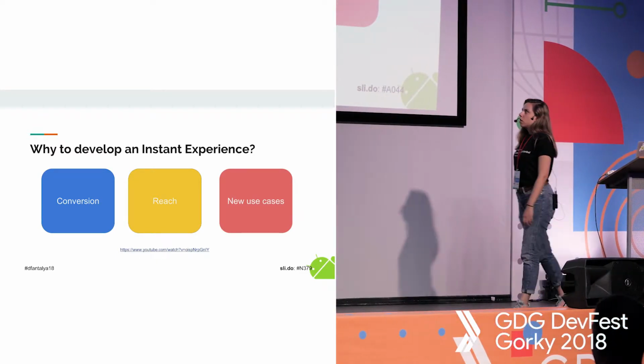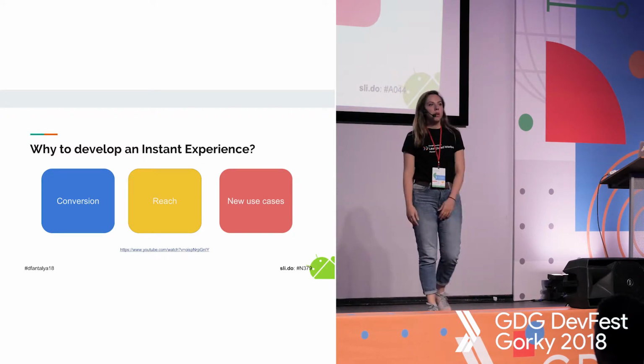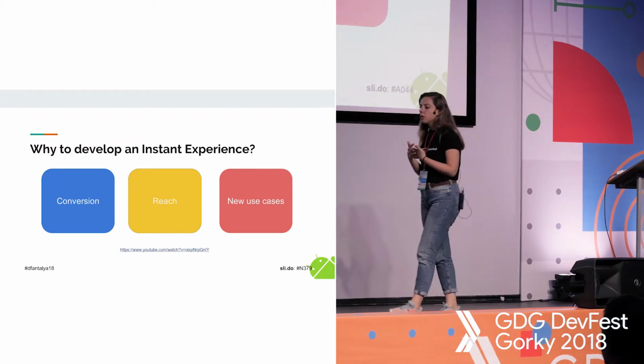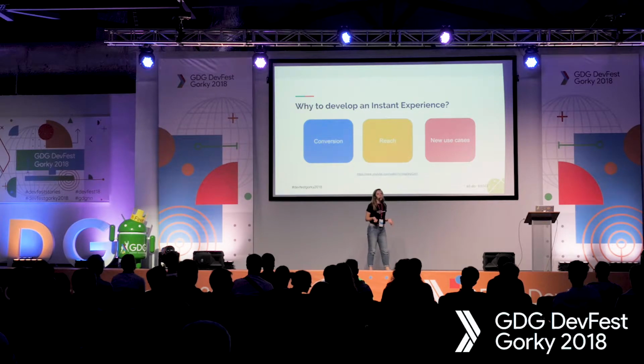So why should we develop an instant experience, an instant application? First of all, conversion. You have customers, but they are not using your mobile application. They don't want to or they don't need to download the whole application, but you can give native support to them.